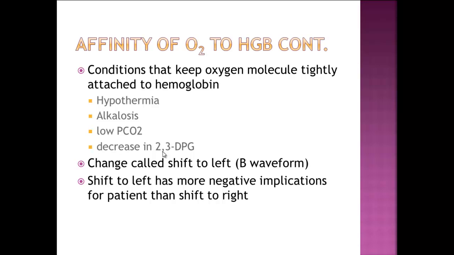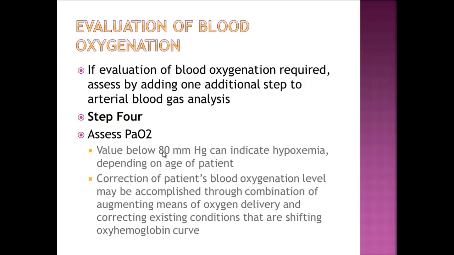So hypothermia and alkalosis have more negative implications than the fever and acidosis. Okay? When we evaluate blood oxygenation, we add an additional step to that arterial blood gas analysis. It's called step 4. We assess the pressure of the oxygen arterially.